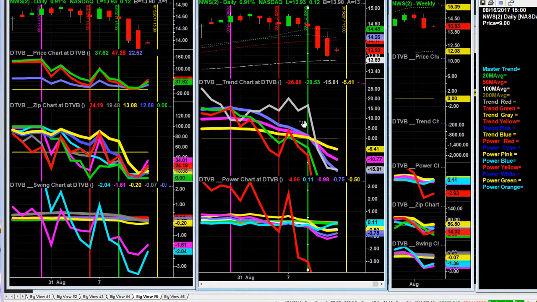Note also that it's normally divergent between trend gray and trend red, but it has a lot more power if green will follow the red. So in other words, green is down and red is down, and those two are following together while trend gray is going up. Now, if you get trend gray up and green up with red down, sometimes that can be a weaker form of divergence.